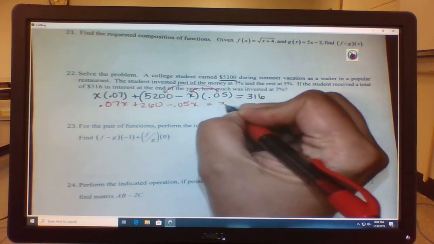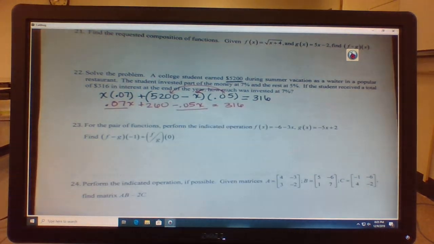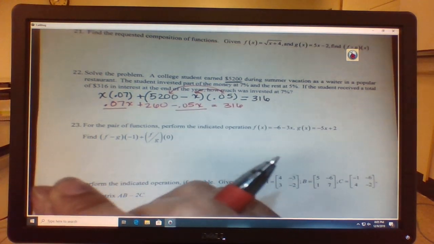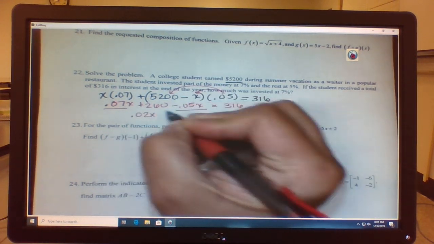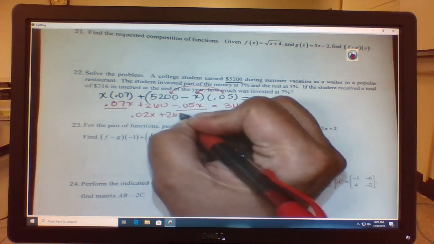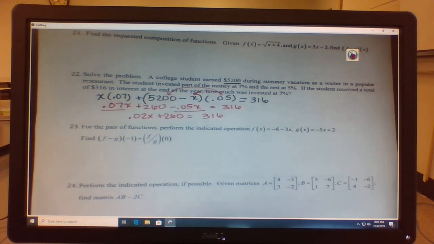Together, that equals 316. Now, these two, they both have an X. What's 0.07 minus 0.05? 0.02X plus 260 equals 316. What do I need to do?